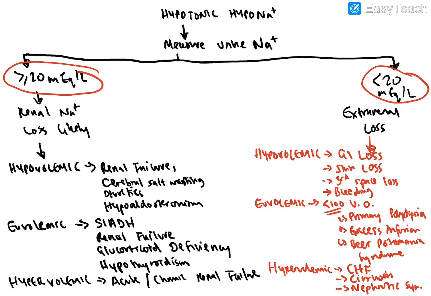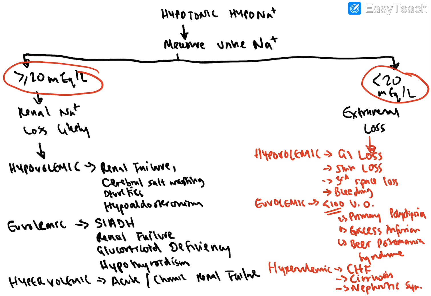Again, we would go through the volume status of the patient. If the patient's hypovolemic, losing water, you would think of cases such as GI loss, such as through diarrhea or vomiting, skin loss, such as through burns, third space loss, such as fluid shifting due to peritonitis, for example, or bleeding. If the patient is having euvolemic, hypotonic hyponatremia with a low urine sodium, you check the urine osmolality and make sure it's less than 100.